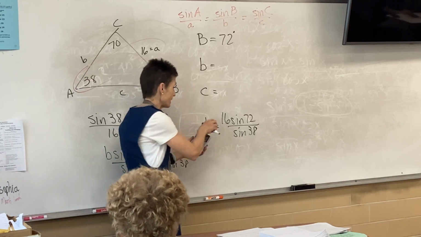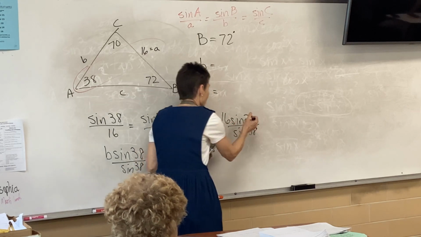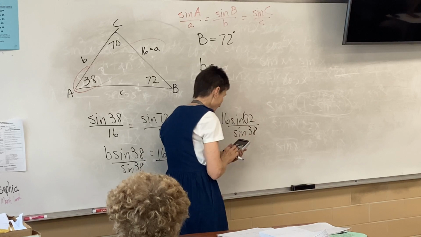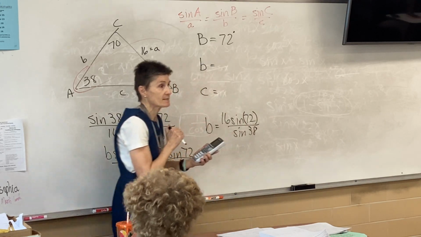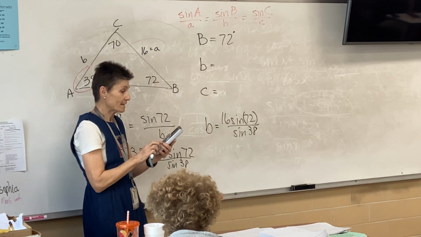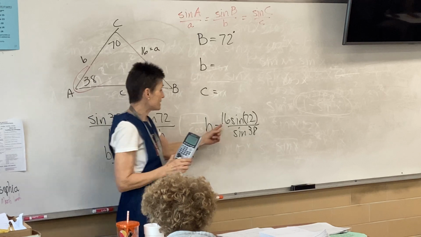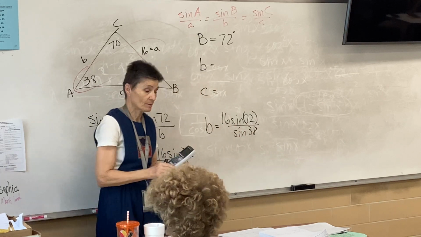When you type this in, when you hit 16 sine, a parentheses automatically comes up. That's fine. Type 72, but then close the parentheses before you hit divided by sine 38. So 16 sine 72, close parentheses, divided by sine 38.